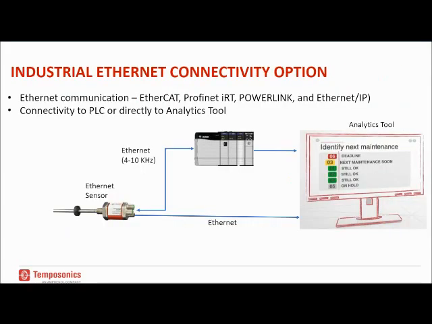So this is our Ethernet solution. As we said, the Industry 4.0 data is part of the data stream on the Ethernet solution. So whether you're talking EtherCAT, Profinet, PowerLink, Ethernet IP, all of these have the ability to send both position and Industry 4.0 data from the sensor to either a PLC, which would then push that onto some kind of analytics tool, or depending on the analytics tool itself, some tools can directly connect to the Ethernet sensor and acquire that information without the need of the PLC.